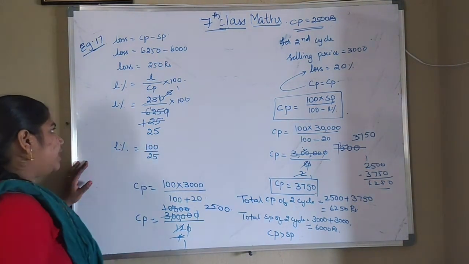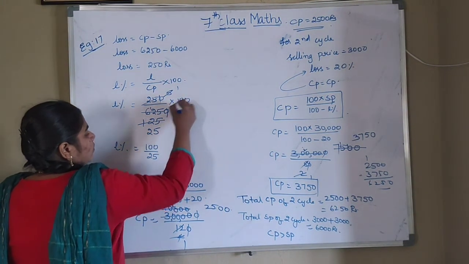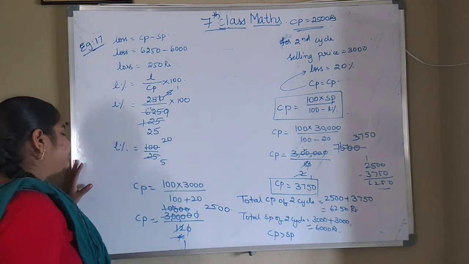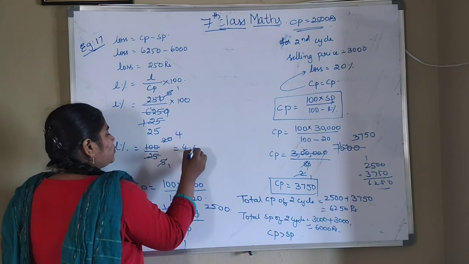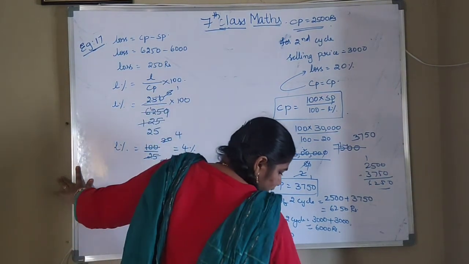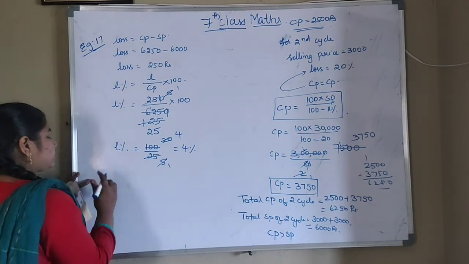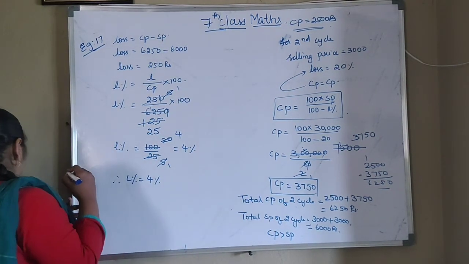So cancel it again in the 5 table. 5 fives are 25, 5 20s are 100. So what is the loss percentage here? 4%. Therefore, loss percentage is equal to 4%.